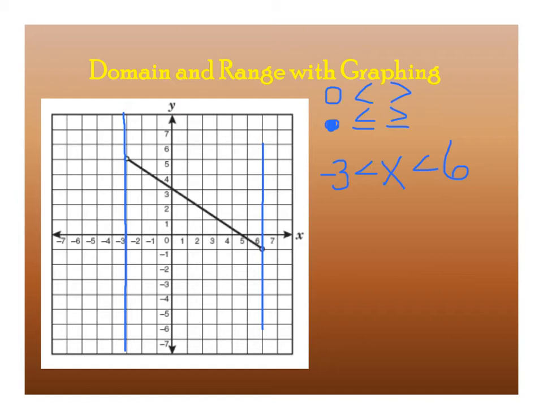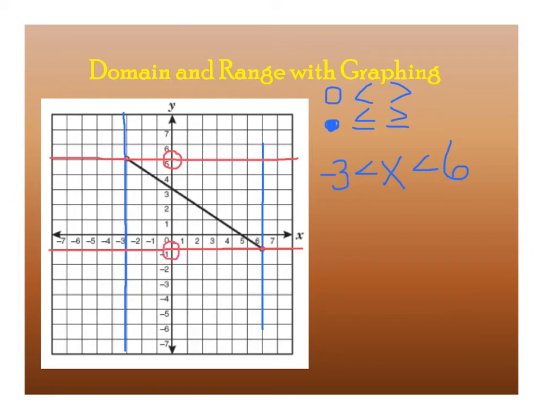Now, if we do our range, we know that our range is our y coordinates. So we go to the highest point and go across our y-axis, and our lowest point and go across our y-axis. On our y-axis, we are crossing here at 5, and down here at -1.